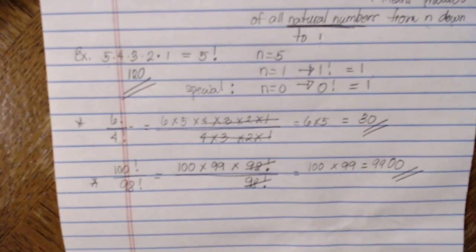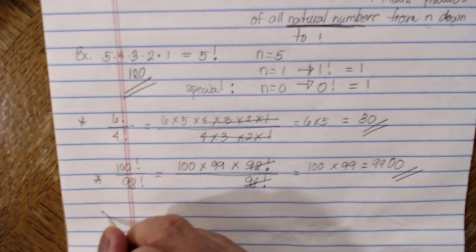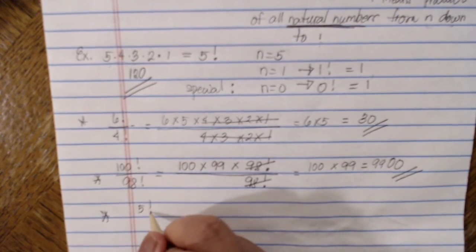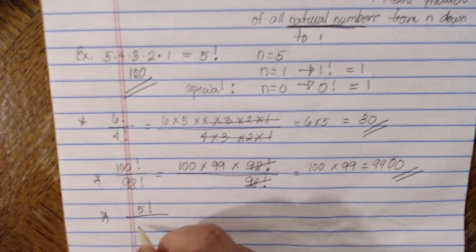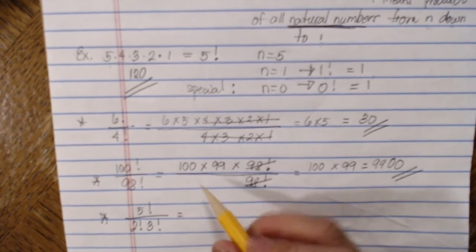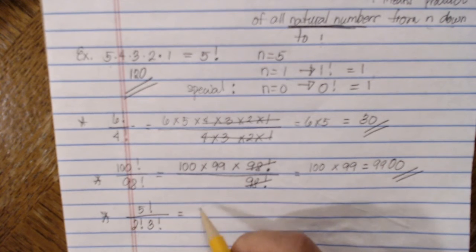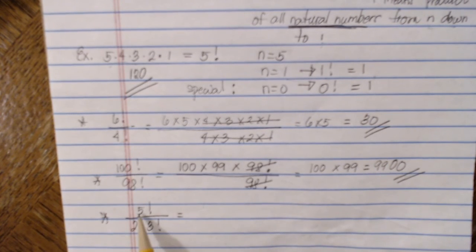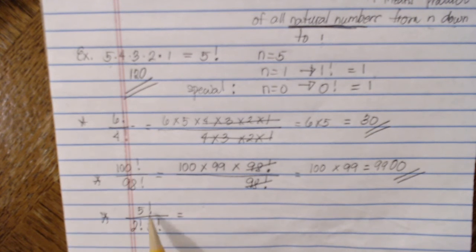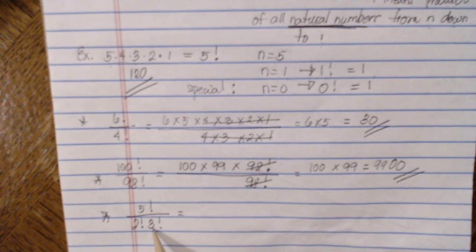Okay, another one, I have 5 factorial over 2 factorial times 3 factorial. Okay, a technique, I know it's either I write out 5 factorial all the way, anyway it's a short, small number, or I can stop at 3 because this is bigger than this.